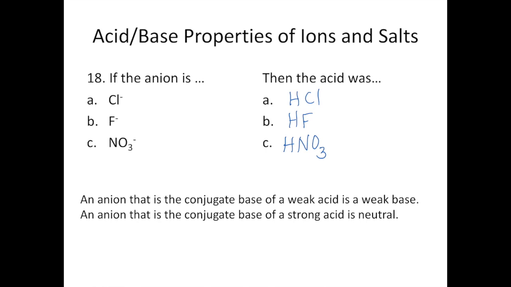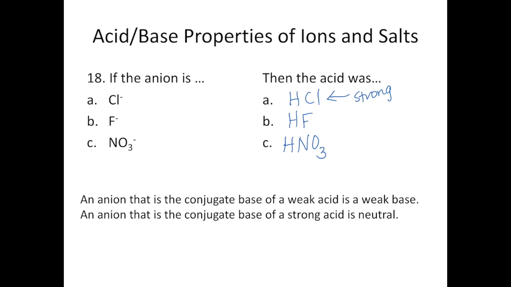If this acid was a strong acid, like the first one, what that means is that your Cl- that's now in solution is not going to go back to HCl, right?